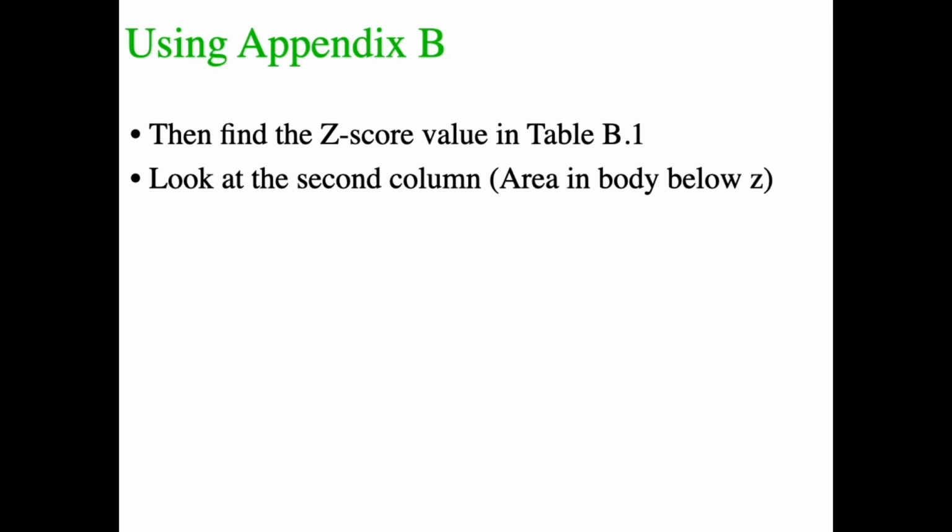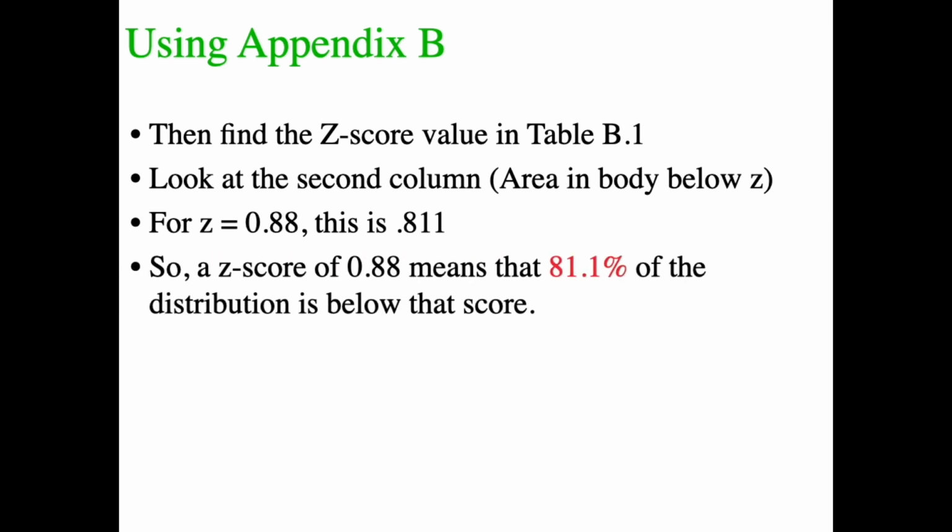Now, for me, that z-score I had was 0.88, which if you look in the table, you'll see that 0.88, the percent mean to the z, is 31.06. Now, I'm above the mean. I have a positive z-score, so that means I also have to consider all the scores that are below the mean, and that's 50%.